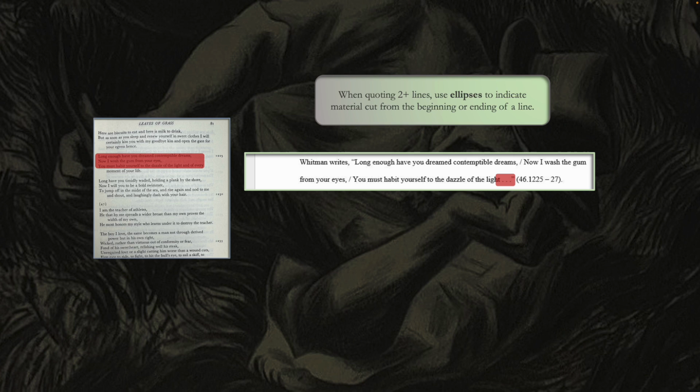So if you look at line 1227 on the left there, "you must habit yourself to the dazzle of the light and of every moment of your life." I cut the quote after the word light, and because I did that, I've got to let the reader know that this is not a complete line. So I put the ellipsis in there for that reason.